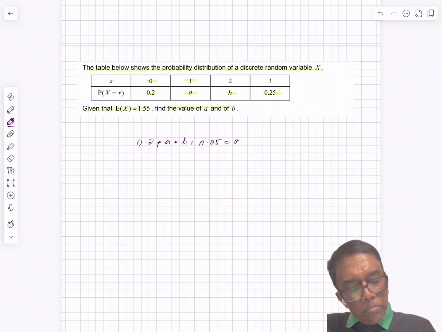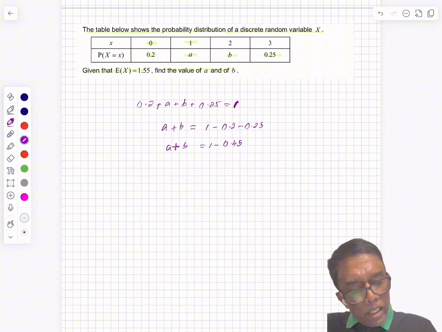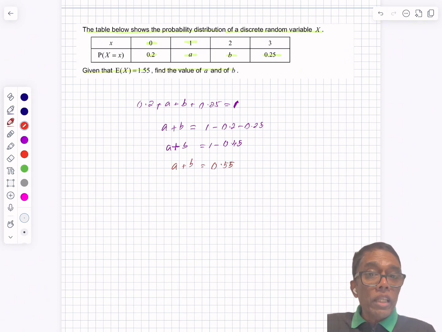Therefore, A plus B is equal to 1 minus 0.2 minus 0.25, 1 minus 0.45. Now, A plus B is equal to 0.55. This is the first equation. We should have another equation with A and B. How do we do that?